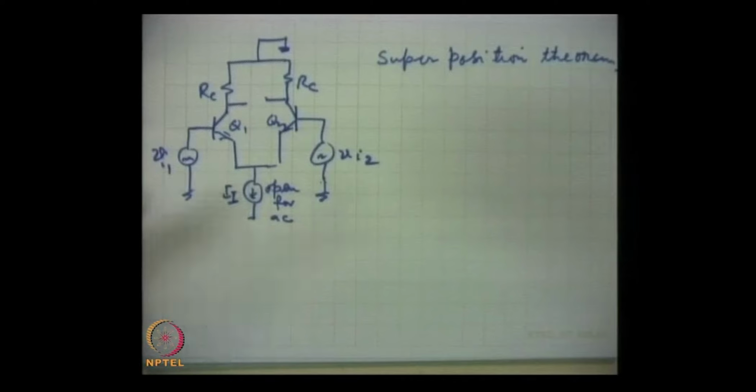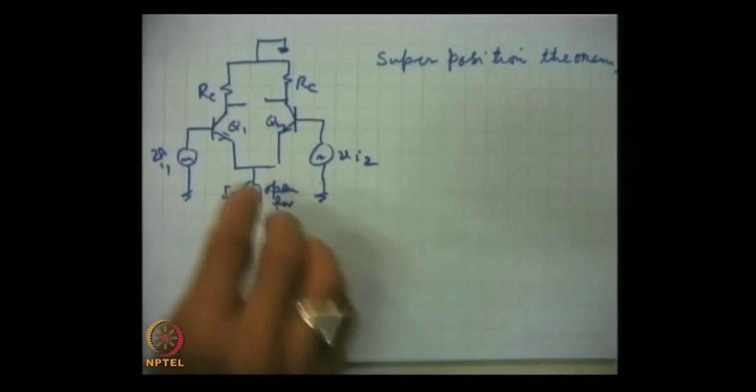Then we keep that result and then we take the first one, we ground, and we take the other input source as active, and we study that. Then we apply the superposition theorem, which says that the net output from these two sources will be the algebraic sum of individual contributions. That is the way this analysis is to be done.